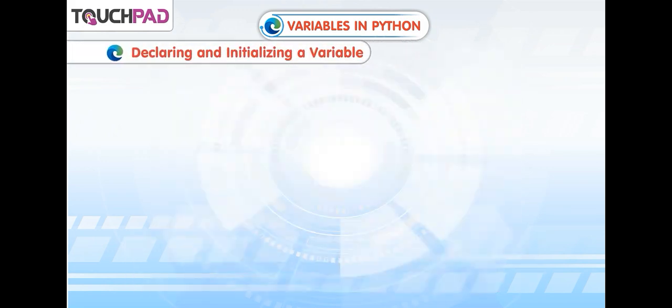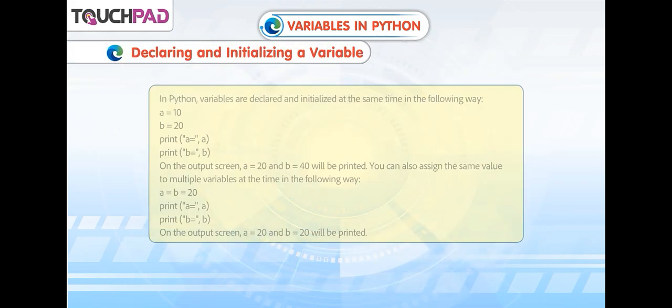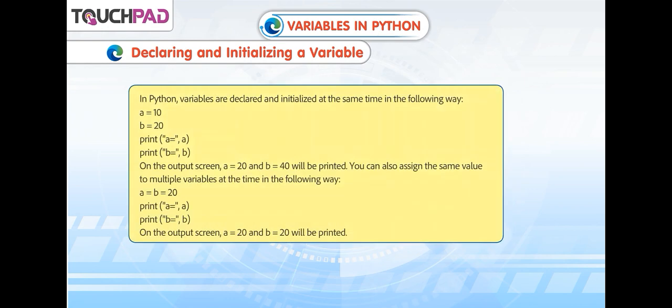Declaring and initializing a variable. In Python, variables are declared and initialized at the same time in the following way. On the output screen, A is equal to 20 and B is equal to 40 will be printed. You can also assign the same value to multiple variables at a time in the following way.